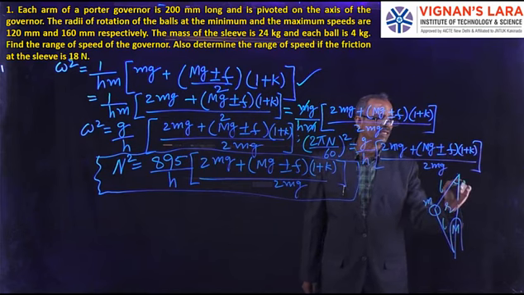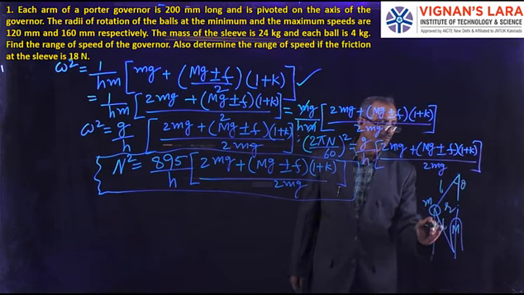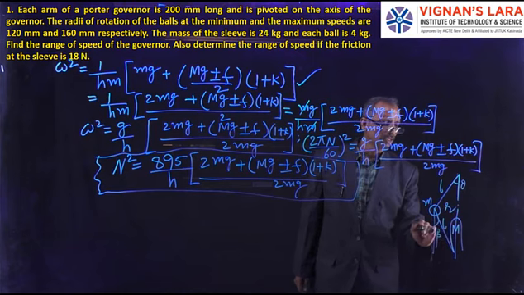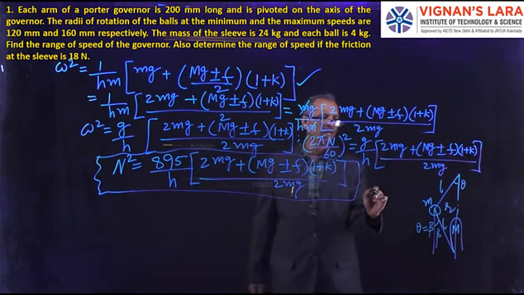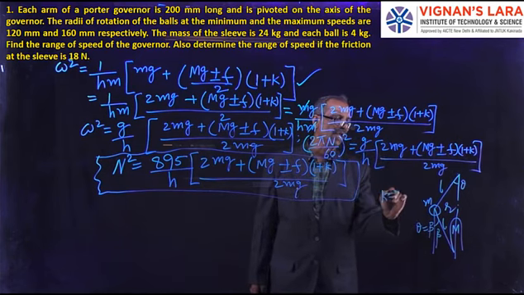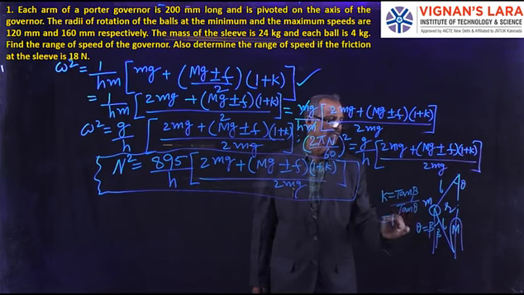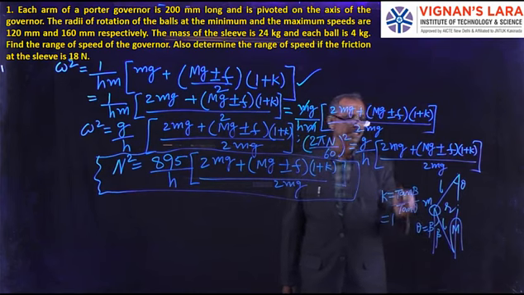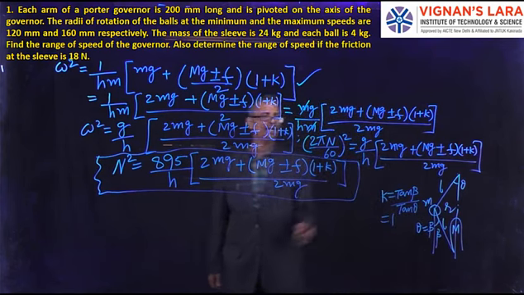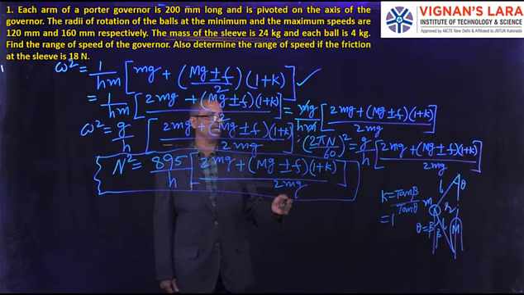So in that case, theta becomes beta. That means we have defined K as tan beta by tan theta, which becomes 1, because beta and theta are the same in this case.